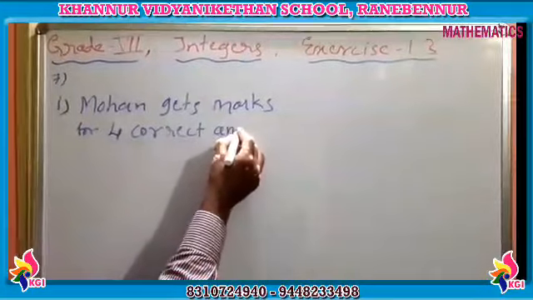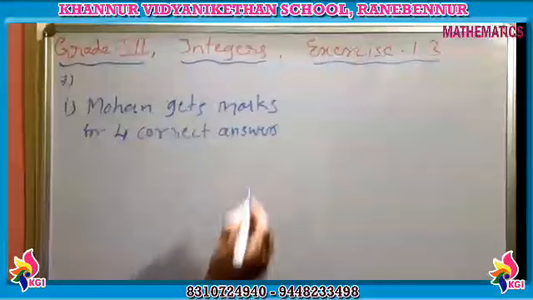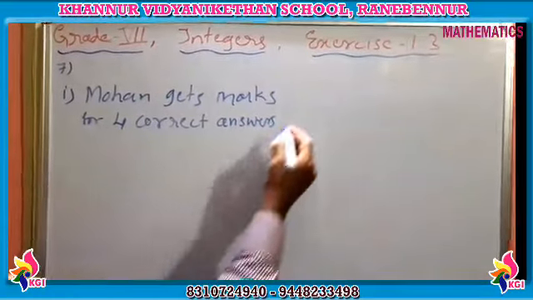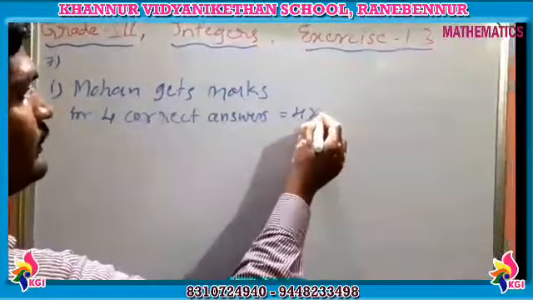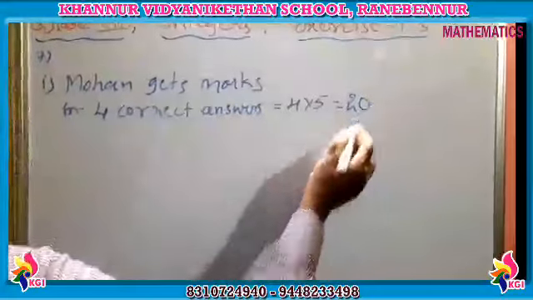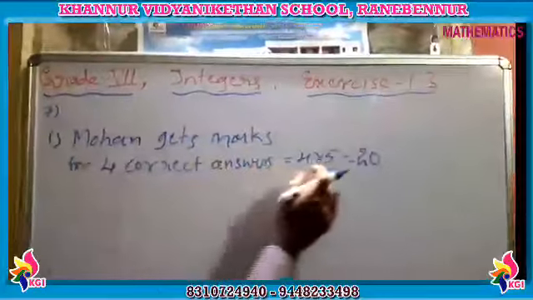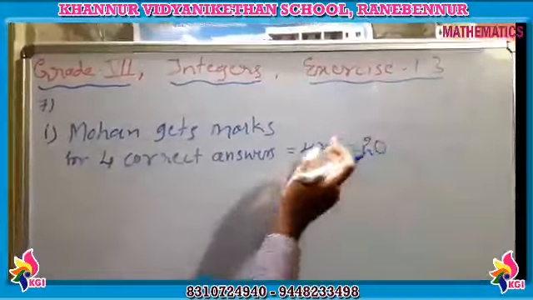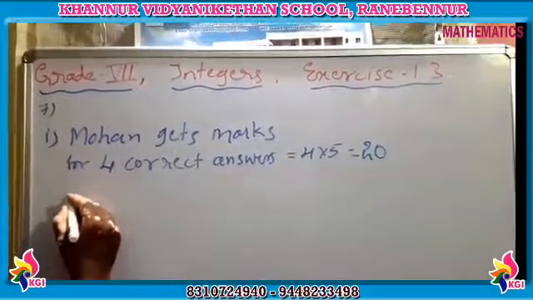For 4 correct answers we have to multiply, 4 into 5 is equal to, 4 fives are how much, children? 20 marks. So that goes for the 20 marks. Correct, children?